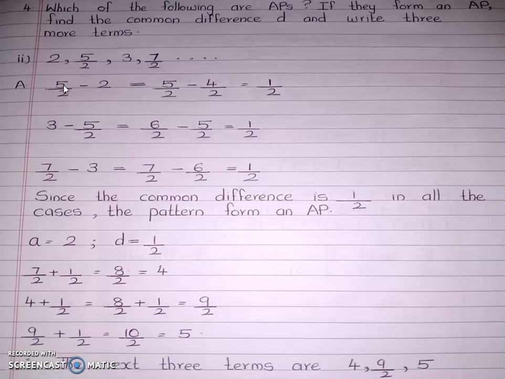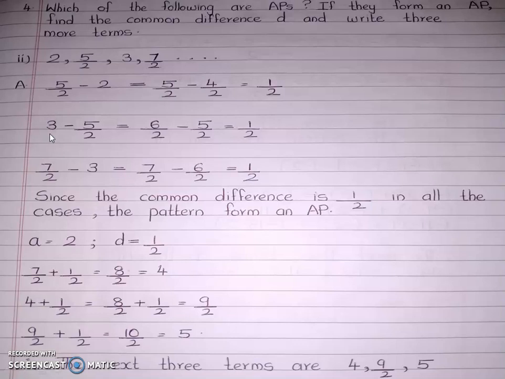Here I have done that 5 by 2 minus 2. Here denominator is 2, here denominator is 1. So I made it 2 by multiplying. 5 minus 4 equal to 1. The denominator is 2. So the difference is 1 by 2. Now I am going to subtract third term minus second term.